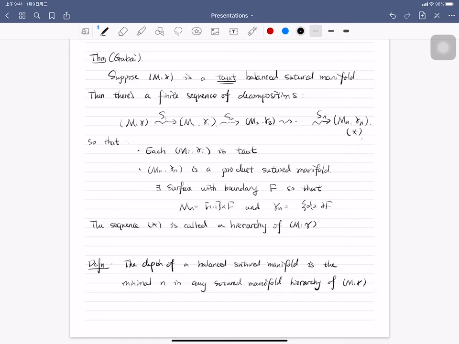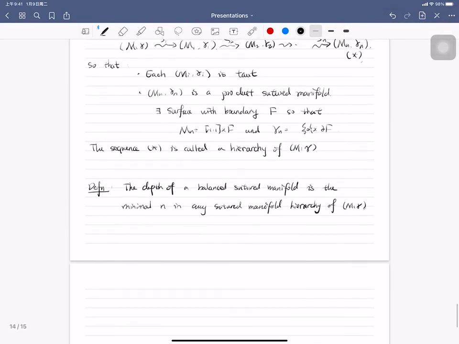So this is a sequence of decompositions that makes M gamma a product suture manifold, and the depth is the minimal possible number of steps for us to achieve this decomposition. Okay, so this is suture manifold decomposition.